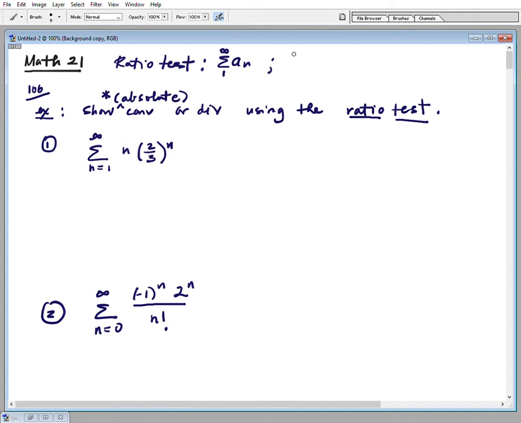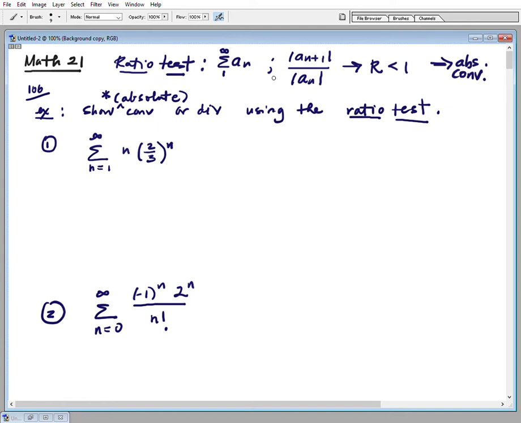We form the ratio of the absolute value of a n plus 1 divided by the term before it. If this goes to a limit, and that limit is less than 1, then that implies absolute convergence. If it is greater than 1, then that means divergence. But this is the important part of the ratio test, so that I put right here.